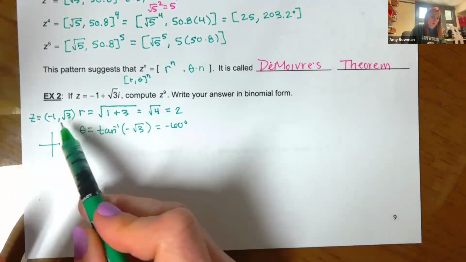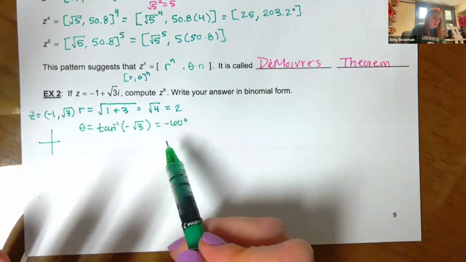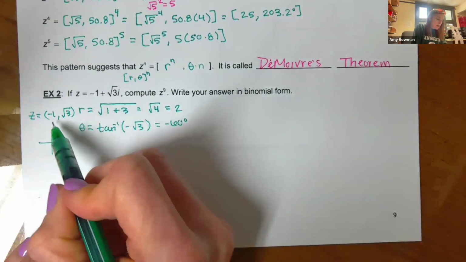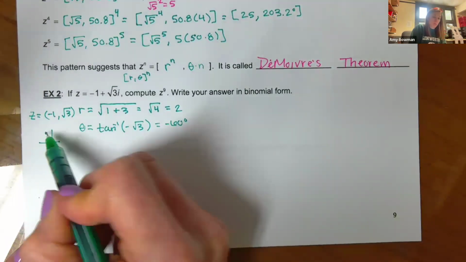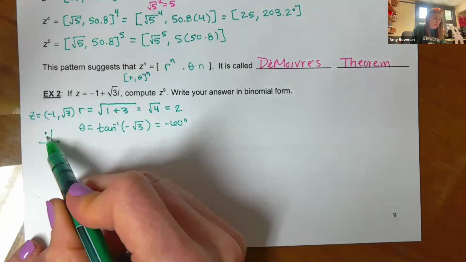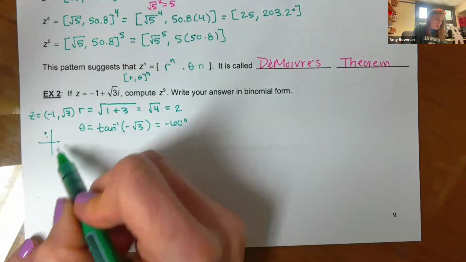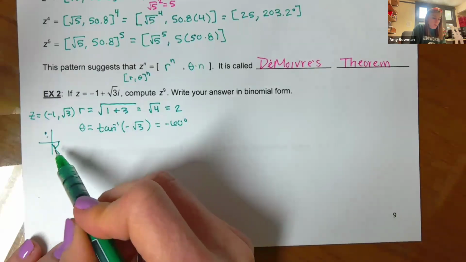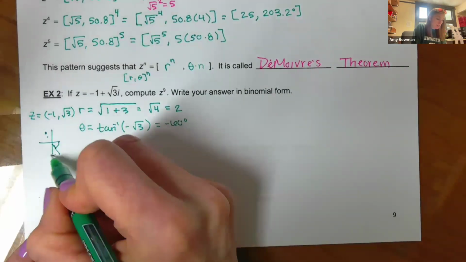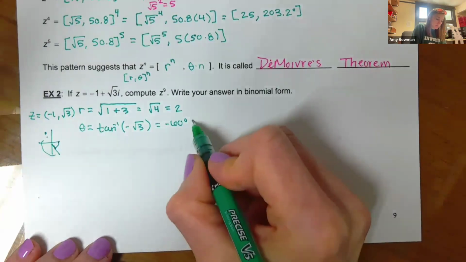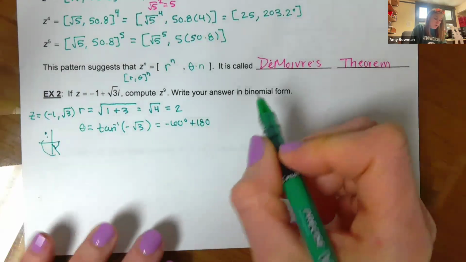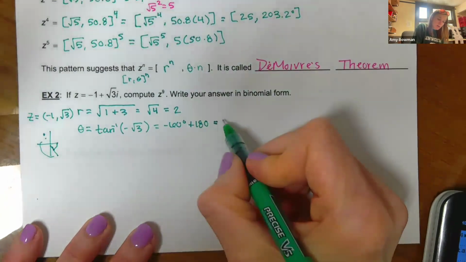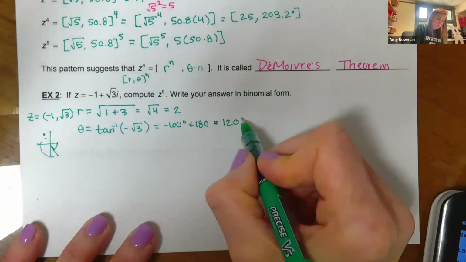We need to reason through whether or not we keep that at 180 or at 360. -1, root 3 will be up here in quadrant 2, which means a rotation of -60 gets me to quadrant 4, which means we need to add 180. So our theta value is -60 plus 180, so 120.